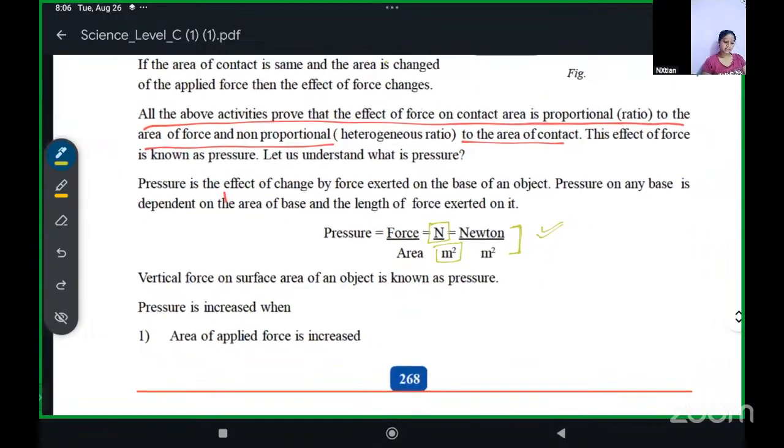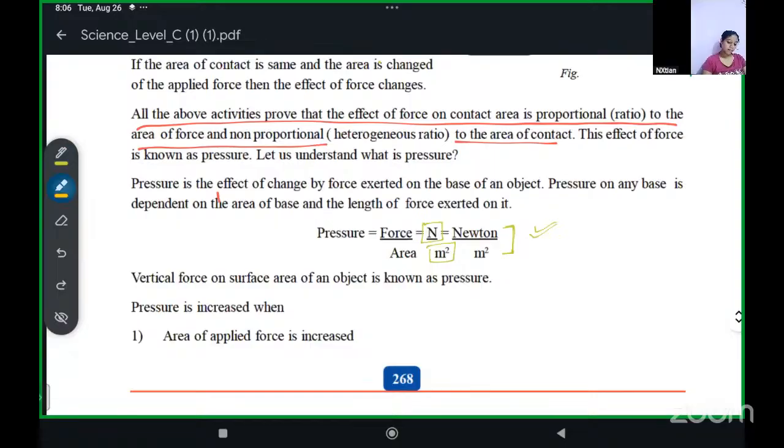Pressure is the effect of change by force exerted on the base of an object. On the base of an object, the change that it causes, the effect by which it causes this change, that effect is known as pressure. Pressure on any base is dependent on the area of base and the length of force exerted.